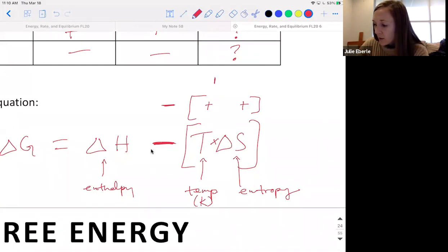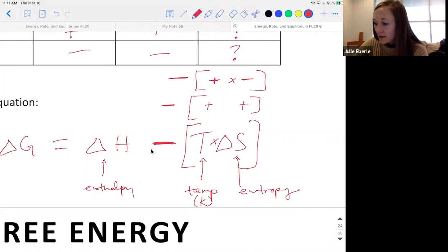Now, I know I'm going to have a positive temperature, but if I have a negative delta S, and then I am subtracting overall, a positive times a negative gives you a negative number, right? Positive times a negative is a negative number. And if I'm subtracting a negative number, minus a negative is like you're adding, okay? Minus a negative, you're actually going to add that number, okay?